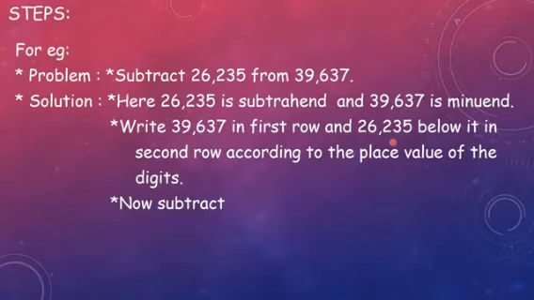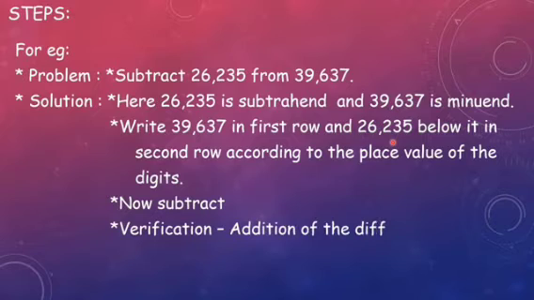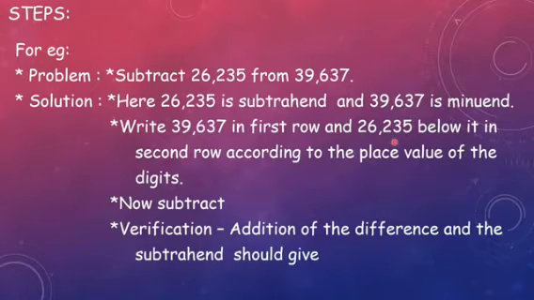Now we have to subtract each place value. Then finally verification, we have to add. Add what? Addition of the difference and the subtrahend will have to give you the minuend.